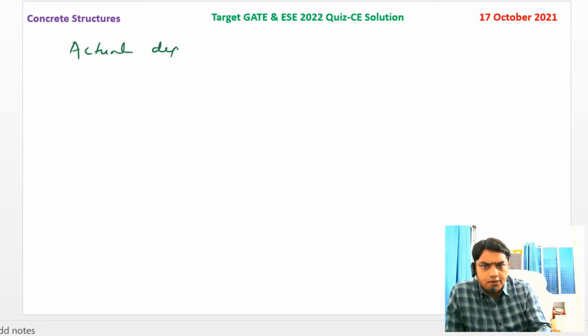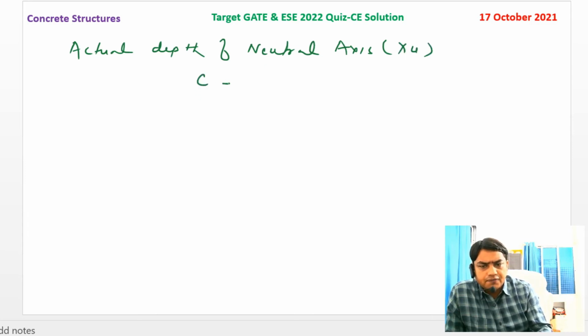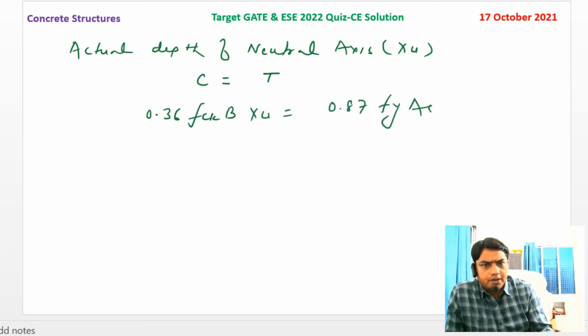The actual depth of neutral axis, let us assume it is XU. Total compressive force is equal to total tensile force, so we can write 0.36 fck b XU equal to 0.87 fy Ast.